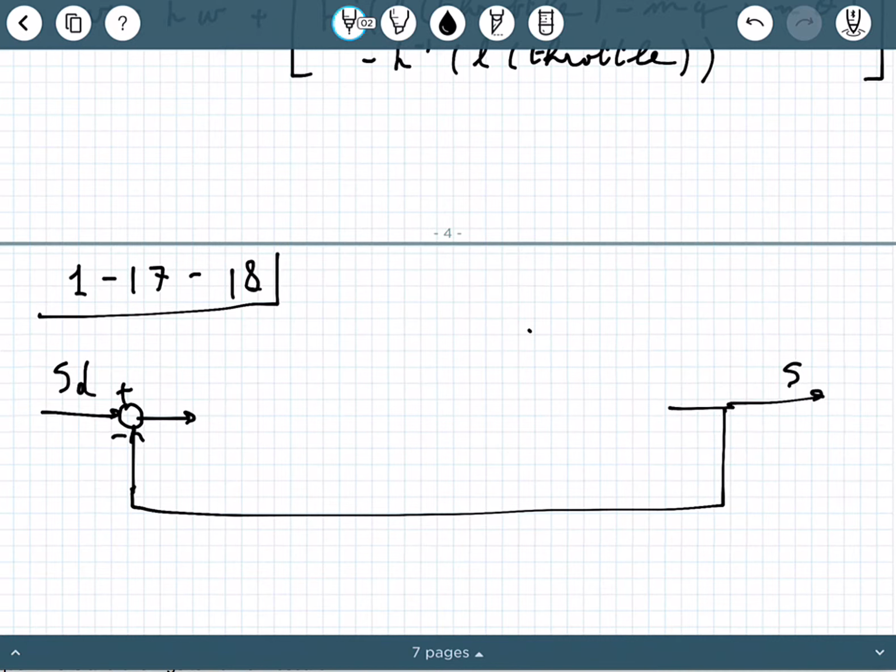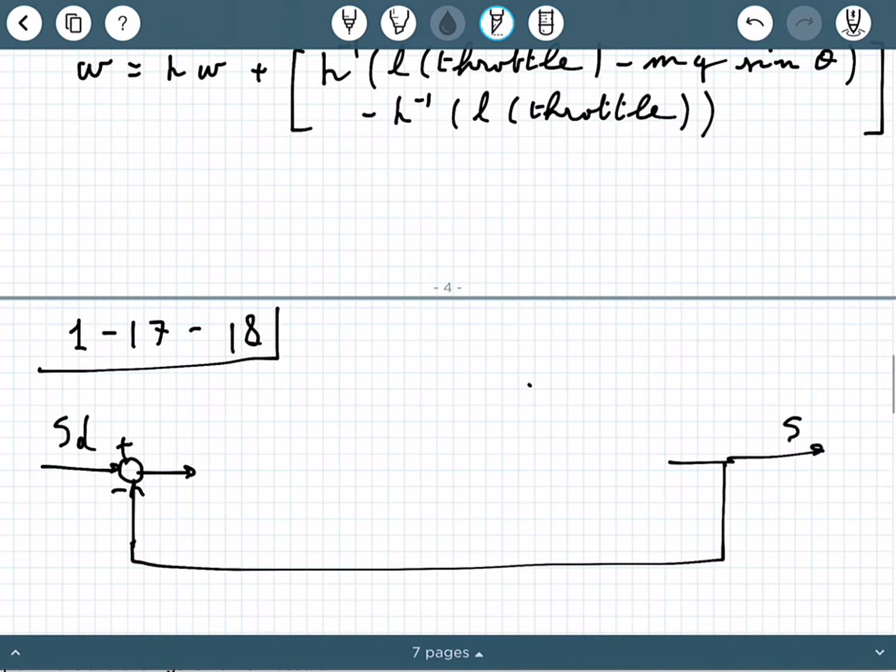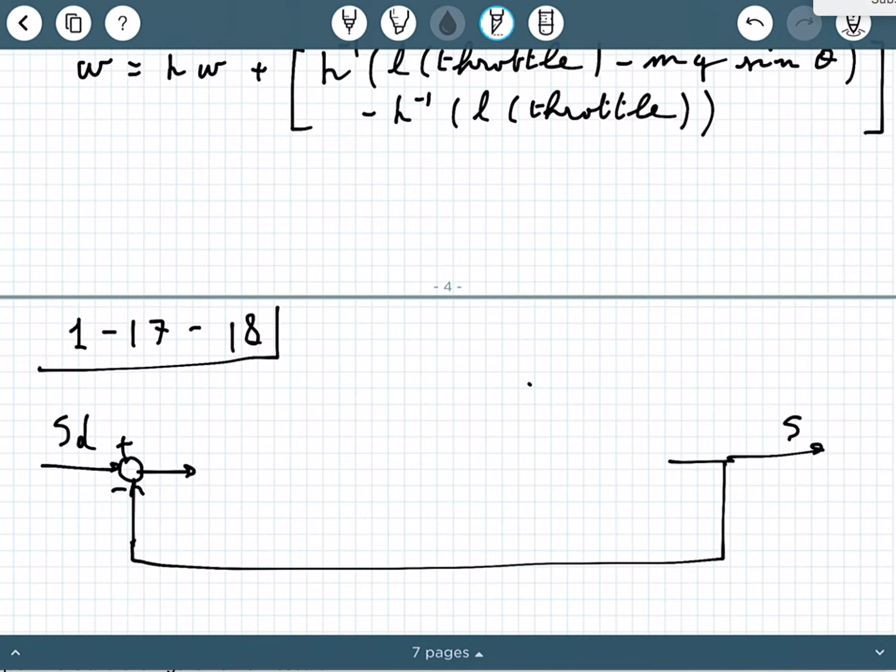The desired speed is named SD and the measured speed is named S. Now, unlike the previous example, there were no perturbations. What we see happening is the following.